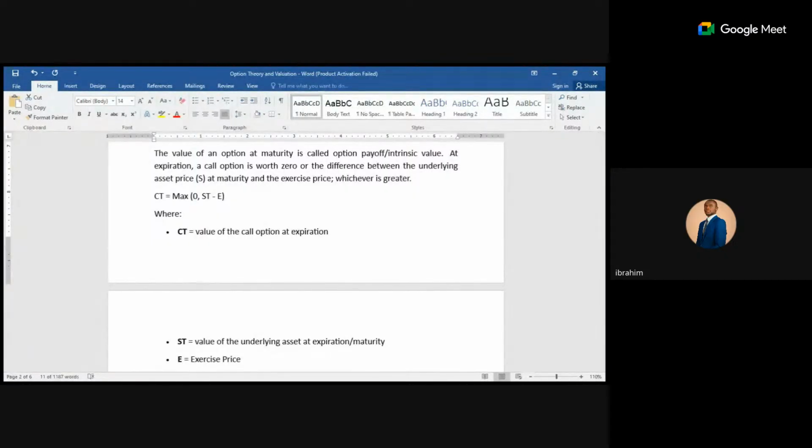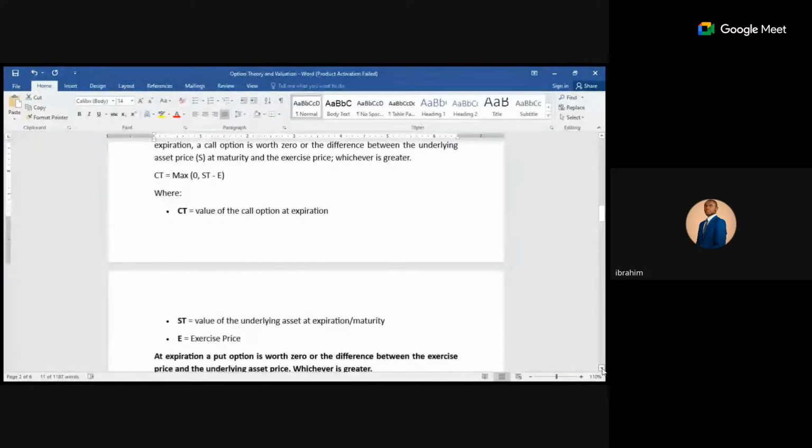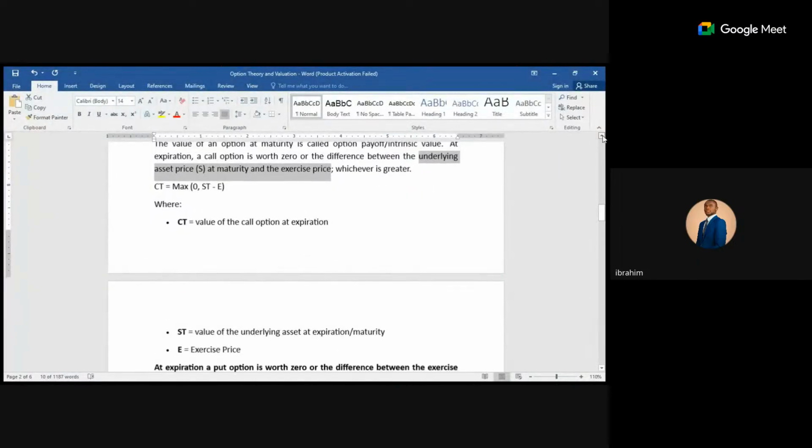The maximum of 0 and the difference between the underlying assets at maturity, class, and the exercise price will give us the intrinsic value of a call option.